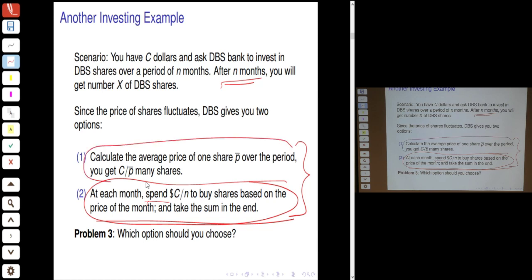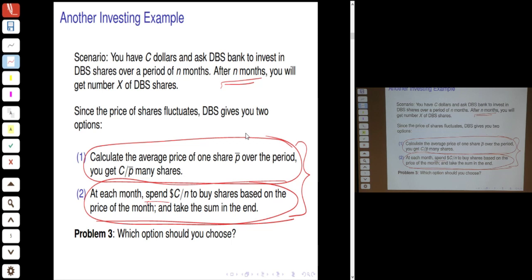And the other strategy is to just calculate the average price of shares for the year, and just see how many shares the same amount of money C generates at this average price.